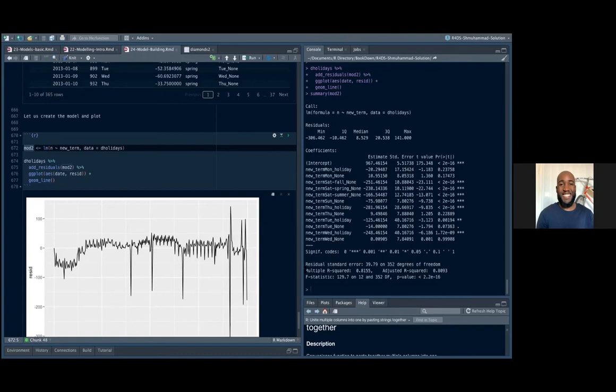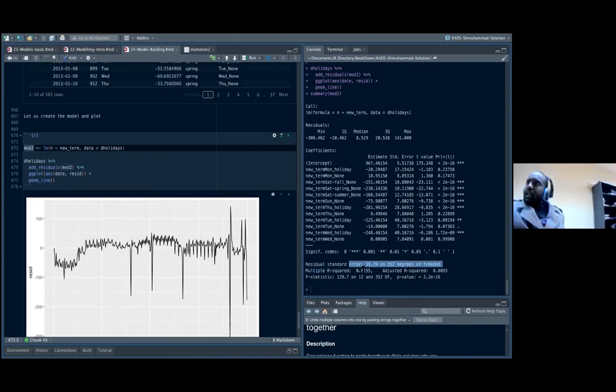So I highly doubt that this is going to give us anything better if we're regressing the number of flights on the term that we are creating. And we can see here the R squared is 0.something. It's not that high.